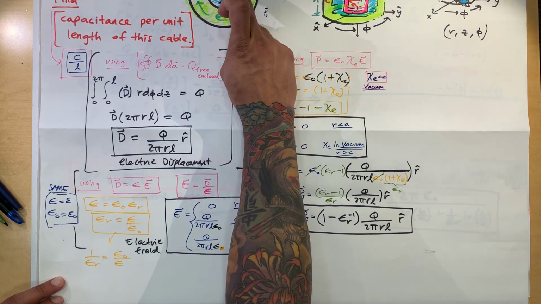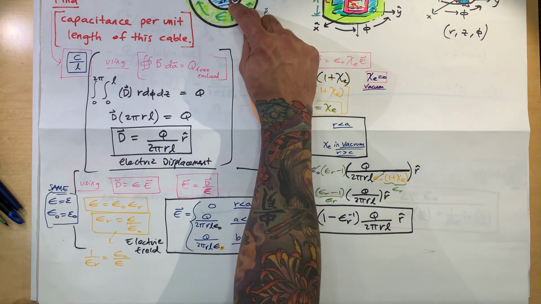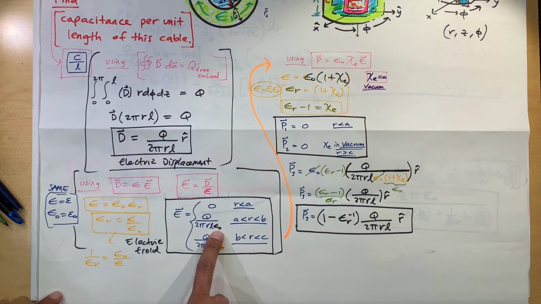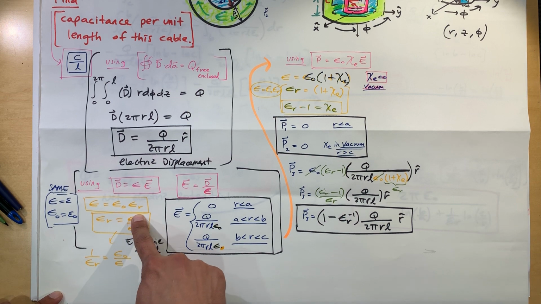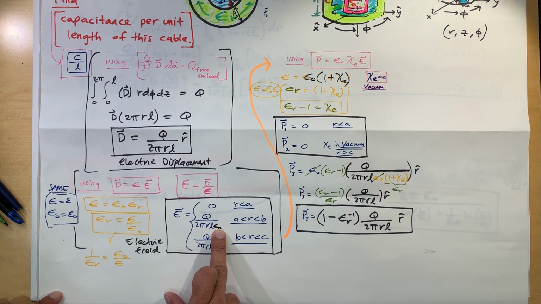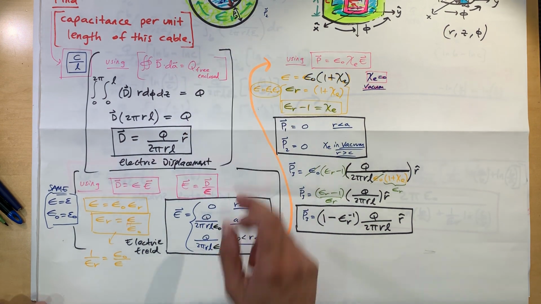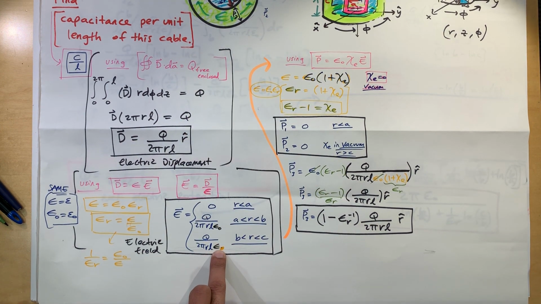There's no Q here on the inside, and between A and B it's going to be represented with epsilon naught, the total epsilon over epsilon R. Then between B and C, we have epsilon R, so we're just going to represent it as epsilon.